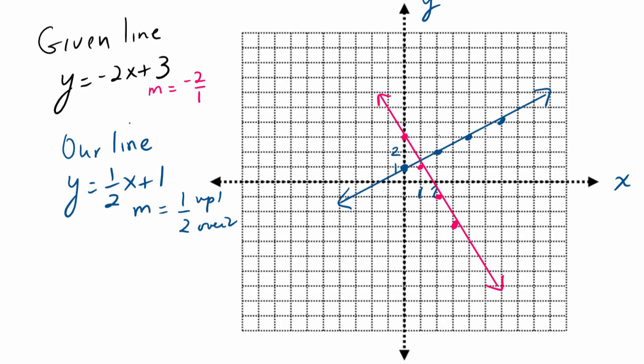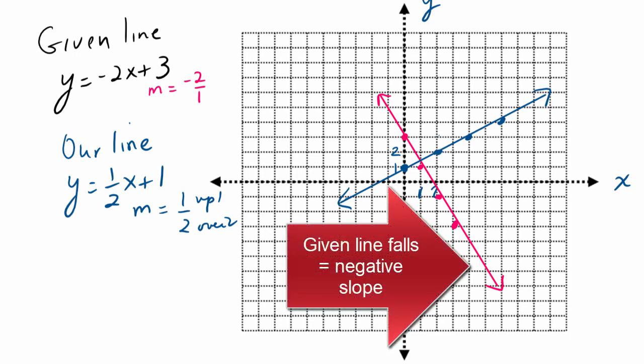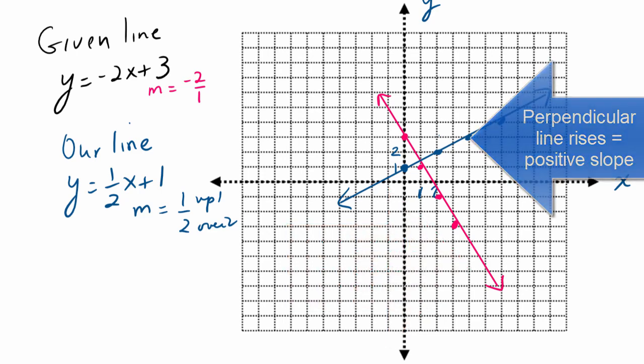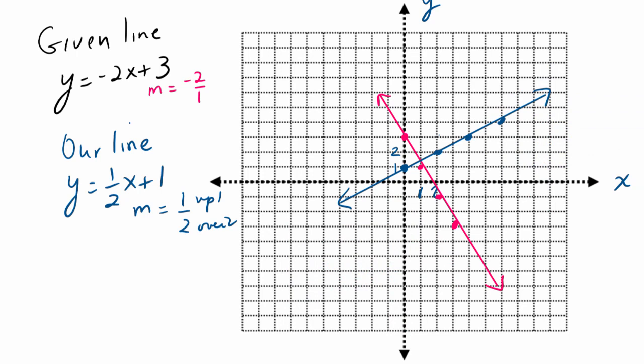So now as you're looking at these two graphs, I just want you to see, can you see why they have to be opposite signs? If they're going to be perpendicular, if we have one line that's rising, the other one has to fall, doesn't it? So make sure that when you are working through these problems that you do that little visual check before you hit submit in your homework, that your two slopes should be opposite signs, because the sign is one of the things that gets forgotten sometimes by students, okay?